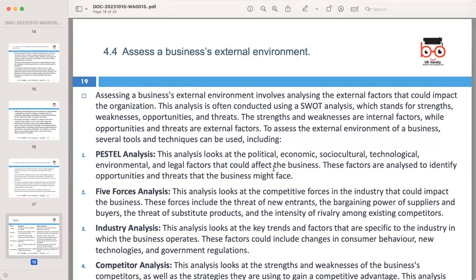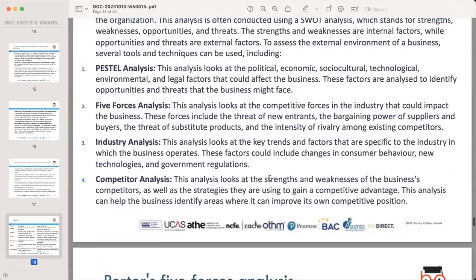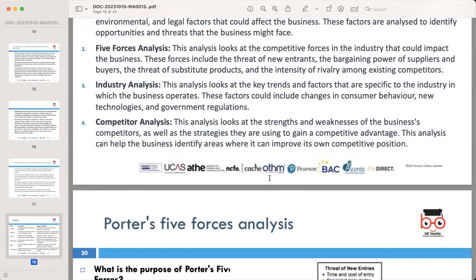To assess the external environment, various tools and techniques can be employed, including PESTEL analysis, five forces analysis, industry analysis, and competitor analysis.